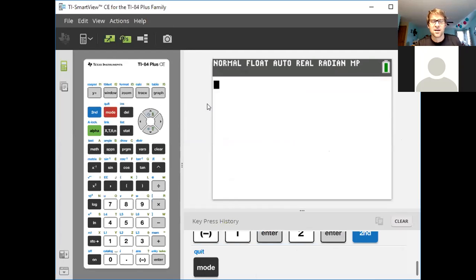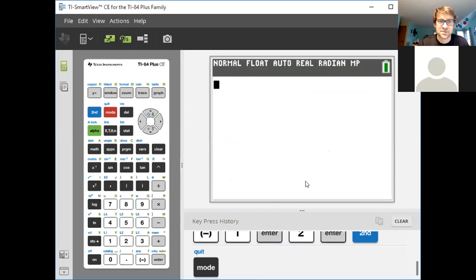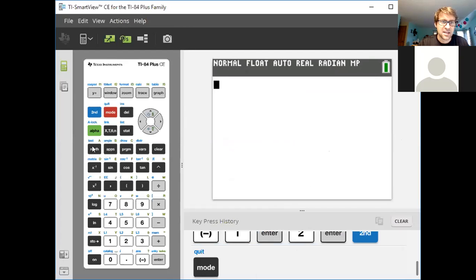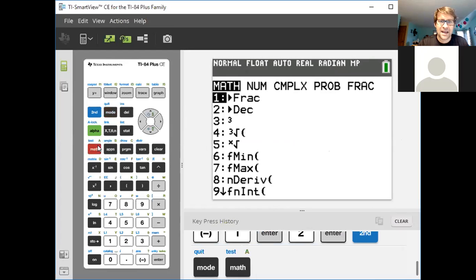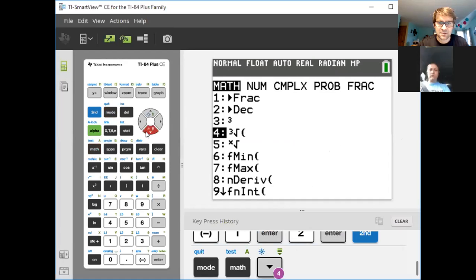You can do this on the newer calculators. Depending on your calculator, you might not have this feature, but this one does, and the one on your Chromebook does. If you are on the regular screen, you just press math and look at choice number 9. Enter.